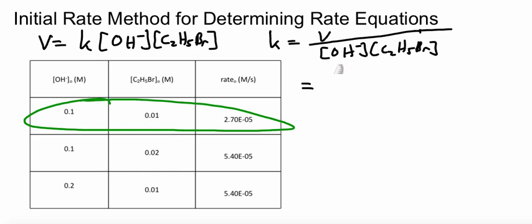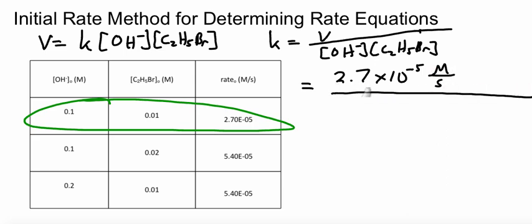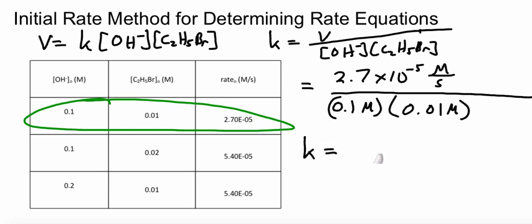So we've got the rate was 2.7 times 10 to the negative fifth. That's molarity per second. And then we have the concentration of hydroxide, it's 0.1 molar. Concentration of ethyl bromide is 0.01 molar. We can get our value for k.